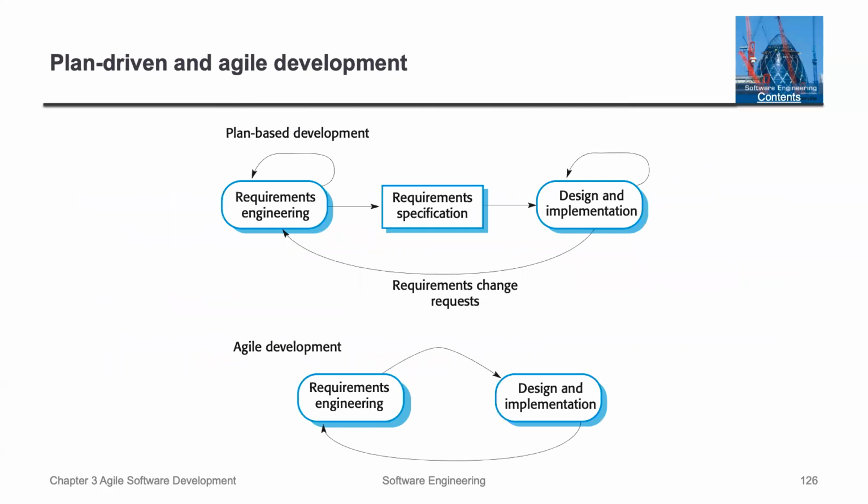So here's a comparison between plan-driven versus agile-driven. In plan-driven, it's more of a linear process. You have requirement engineering going to requirement specification and then going to design and implementation. You can be iterating with the requirements. You can be iterating with the design and implementation.